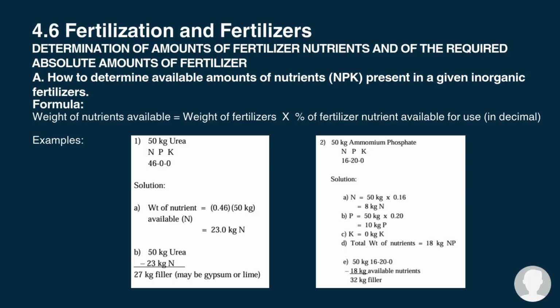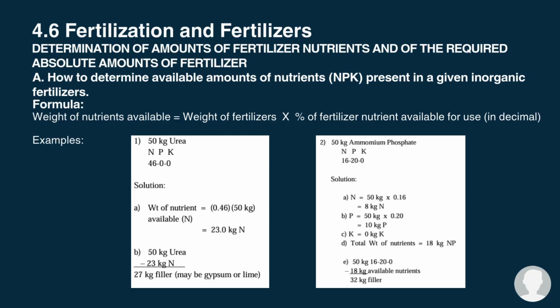To further understand, another example is given. Example number two is 50 kilogram ammonium phosphate, which has a nutrient ratio of 16% nitrogen, 20% phosphorus, and 0% potassium. Step 1 or step A is to calculate the nitrogen content. 0.16 multiplied by 50 kilogram is equal to 8 kilogram nitrogen.